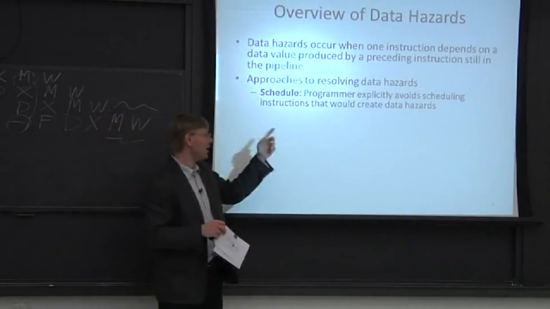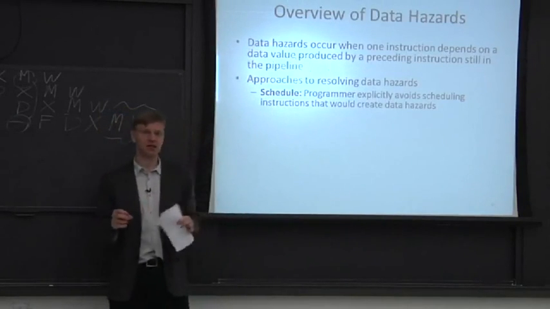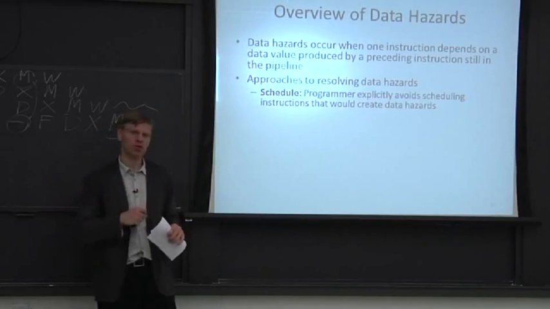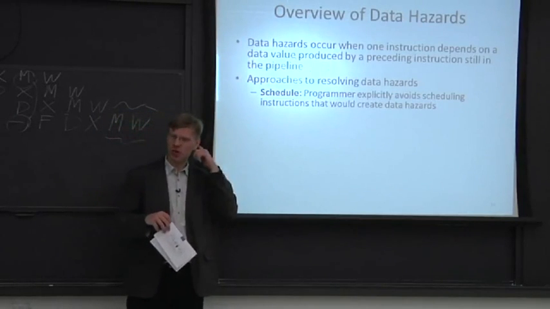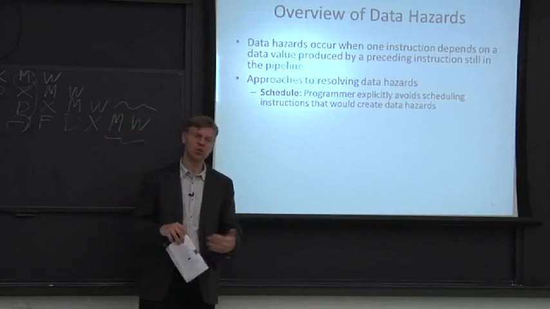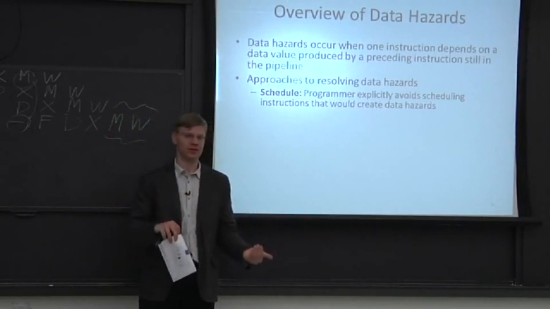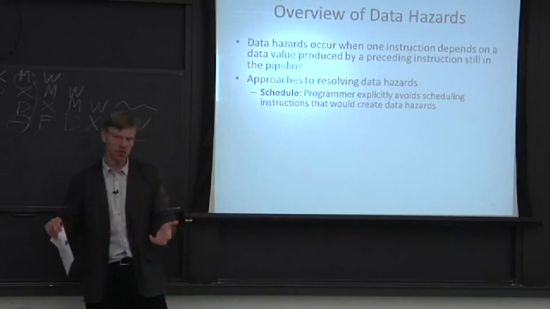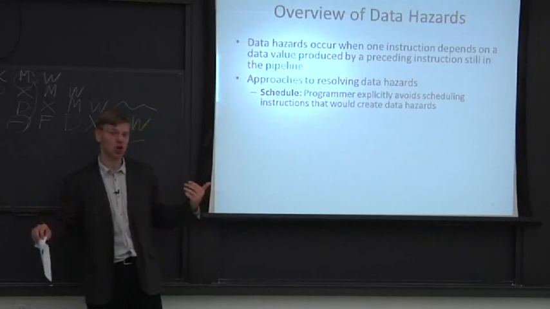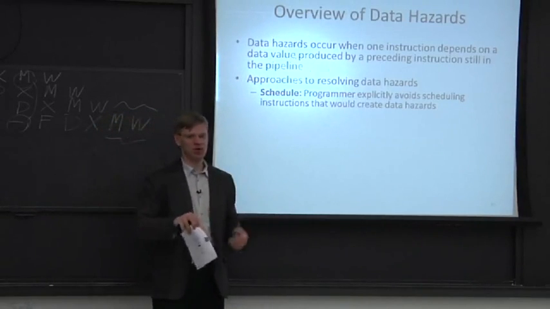And in the i860, the floating point unit was not interlocked. So if you execute a floating point instruction, and then you have another instruction which is coming down the pipe which uses the result of that, you might get the wrong value. So it was the programmer's responsibility to make sure that didn't occur, and you actually put in no ops there.